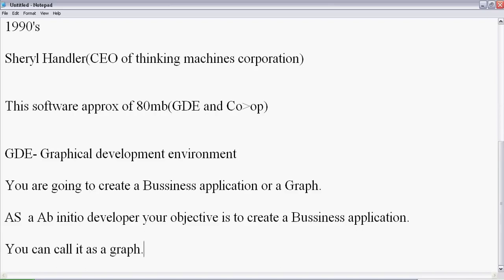So GDE is where you will create a graph.